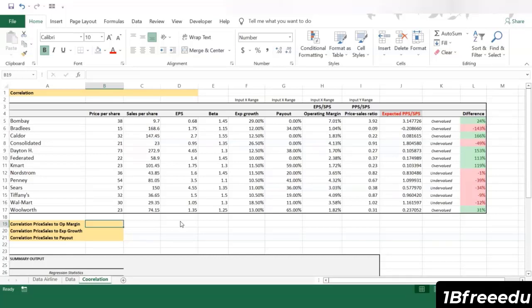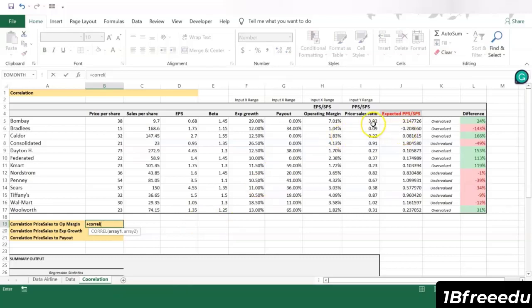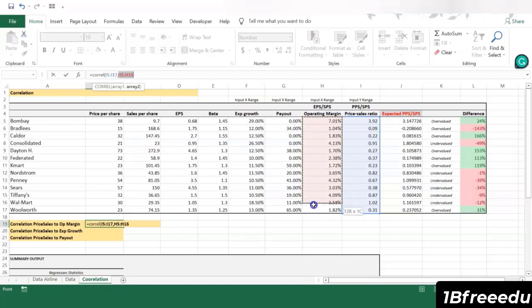And we can find correlation between price to sales to operating margin. So type in correl and then select the price to sales ratio and the operating margin.